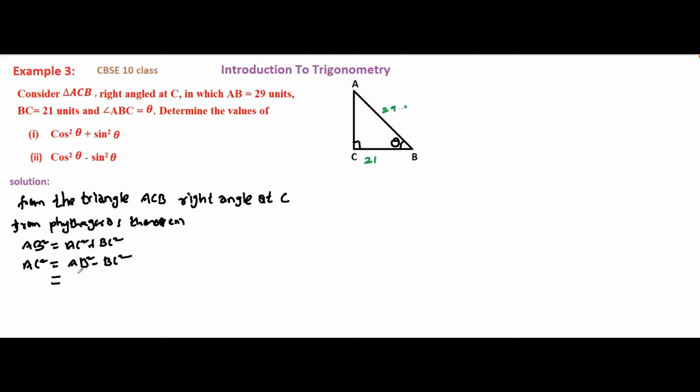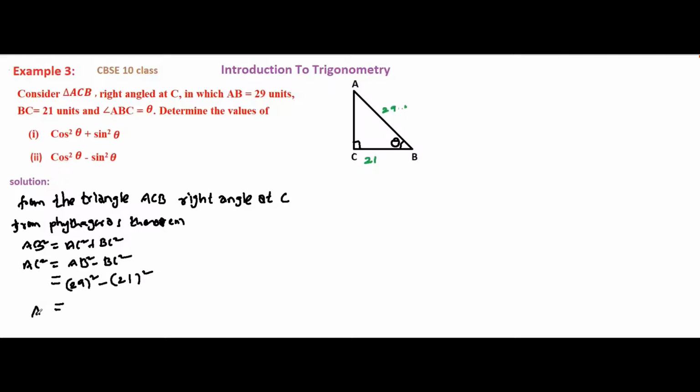AB is 29 units and BC is 21 units. So AB means 29 square, BC means 21 square.